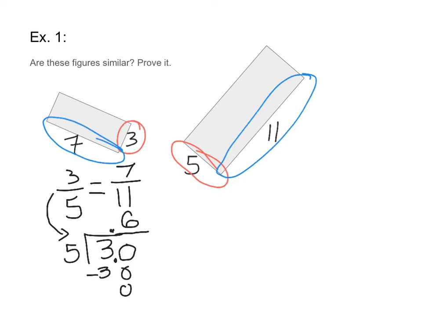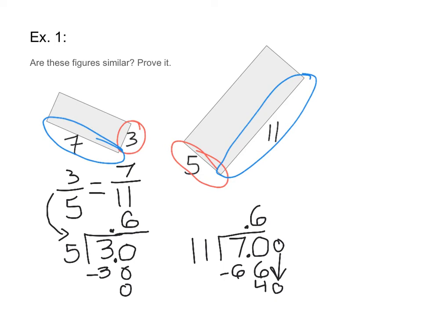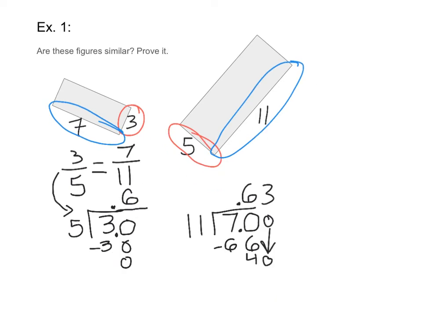I'll do the same thing for the other one. I'll do 7 divided by 11. Well, 11 doesn't go into 7 evenly, but it does go into 70, 6 times. 6 times 11 is 66, so it's not going in perfectly. I'll bring down another 0. 11 goes into 43 times, giving me 33.